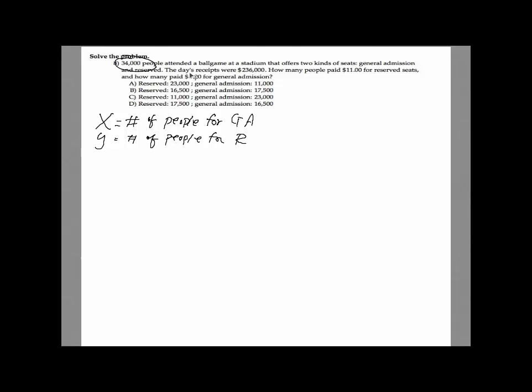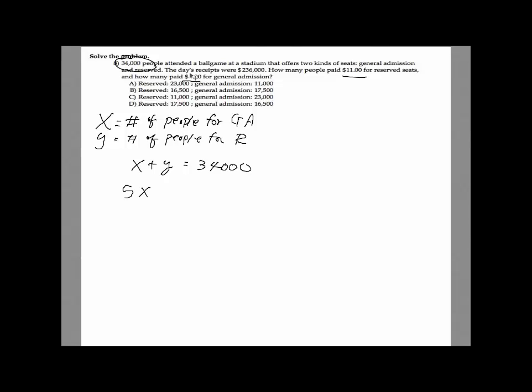Now you know that 34,000 people attended altogether. So the first equation will be x plus y equals 34,000. The second equation comes from the revenue. So $11 for reserved seats, and $5 for general admission.